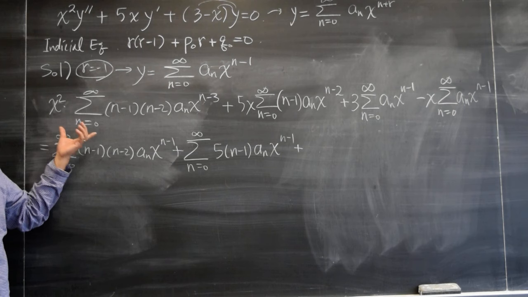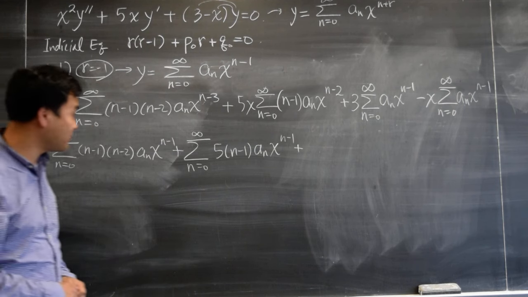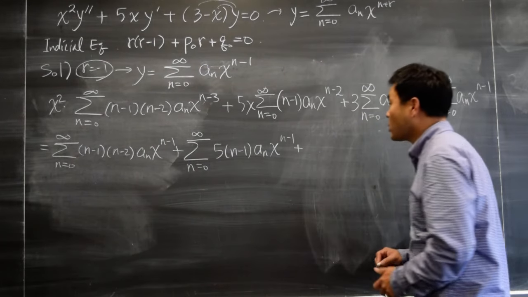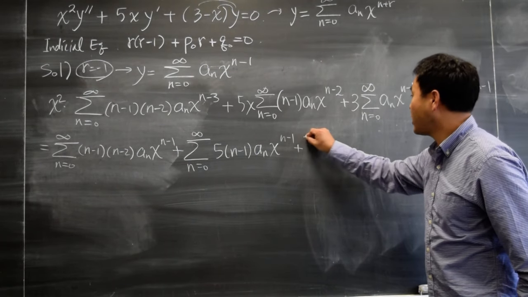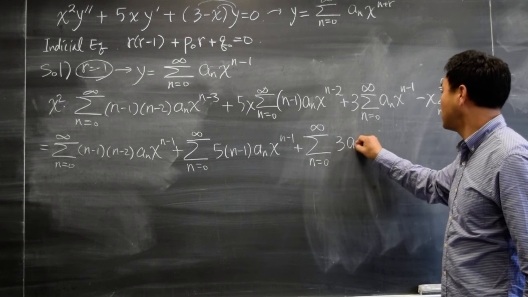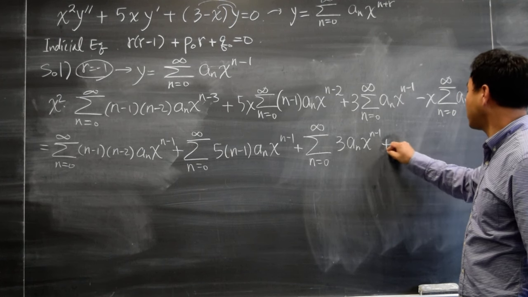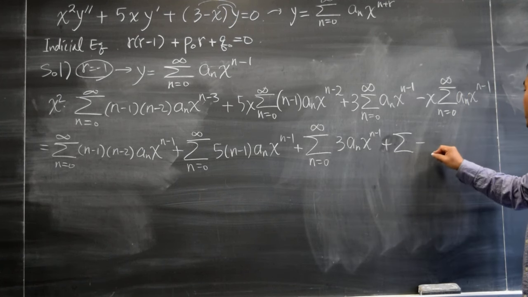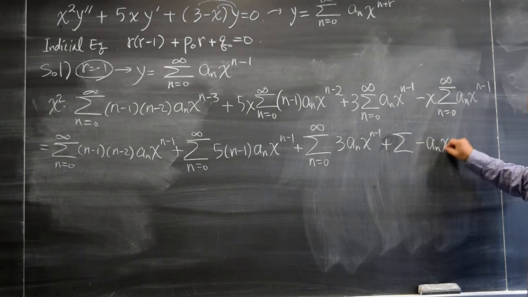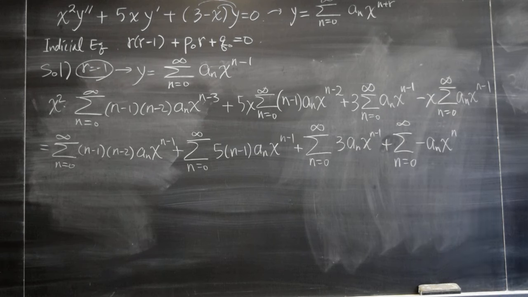You don't do that here. In here, you always start from 0 for the Frobenius method. Now 3 goes inside, plus minus a_n x to the n. So that's what you get.